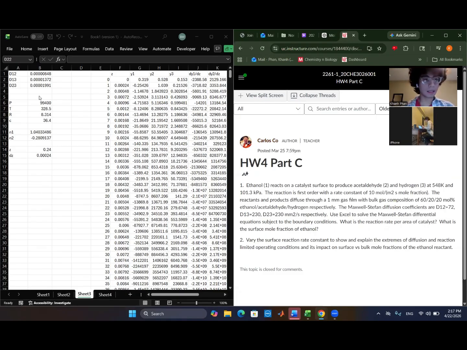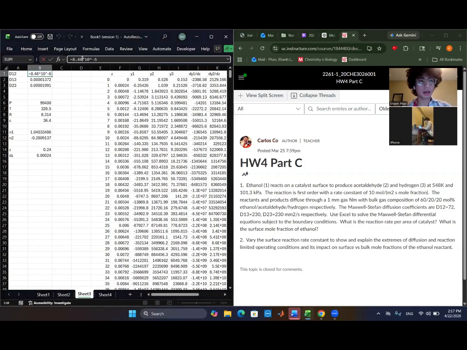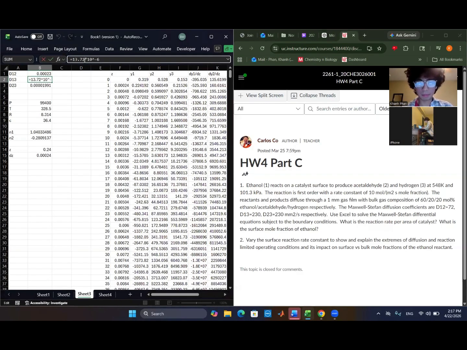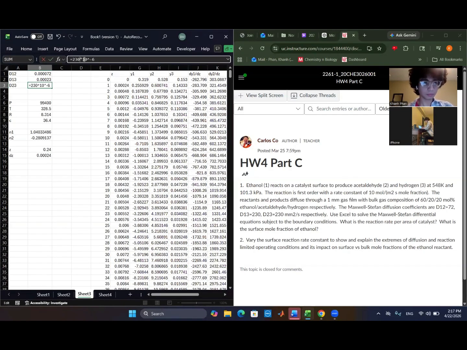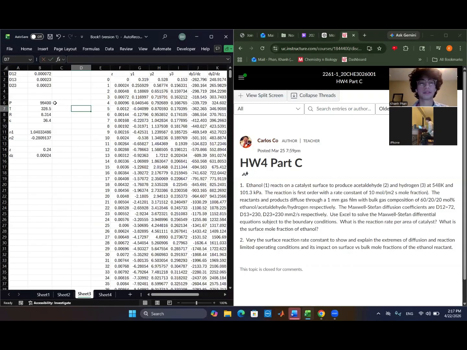So let's get ahead. Now I'm just going to change this number, the diffusion coefficient for 1,2, 1,3, and 2,3. So it's going to be 230, and then this is going to be, oh, actually this is 72. So it's 230. And then we're also going to change the value for pressure, temperature, and concentration.